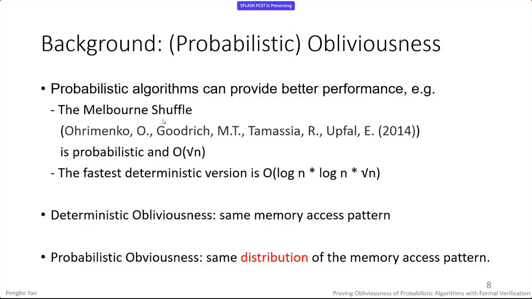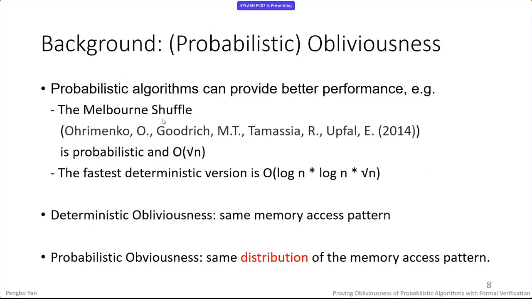Also, there is a probabilistic version of the definition of obliviousness for better performance. For example, the Melbourne shuffle is an oblivious shuffling algorithm. It is probabilistic and its complexity is O root n, whereas for the fastest deterministic version, the complexity is O log n times root n, which is slower. The previous deterministic version says that the memory access pattern must be the same over all the possible sensitive data.